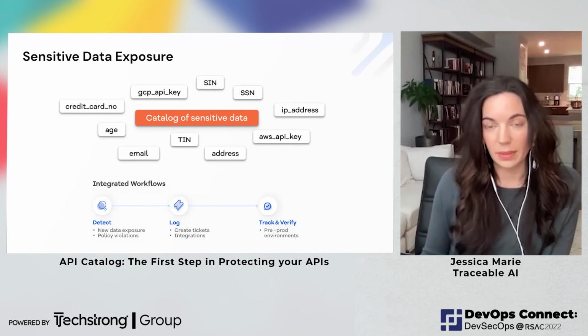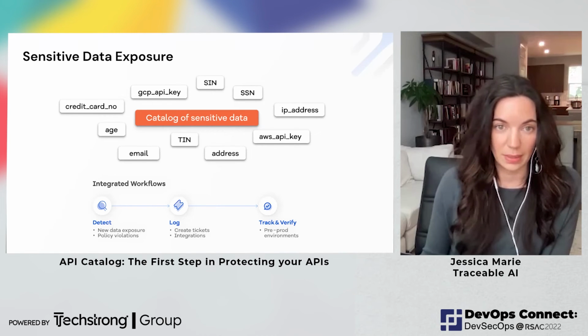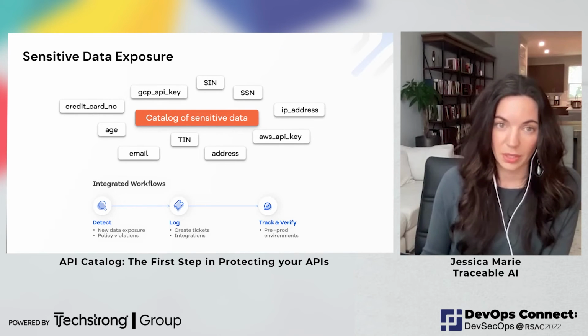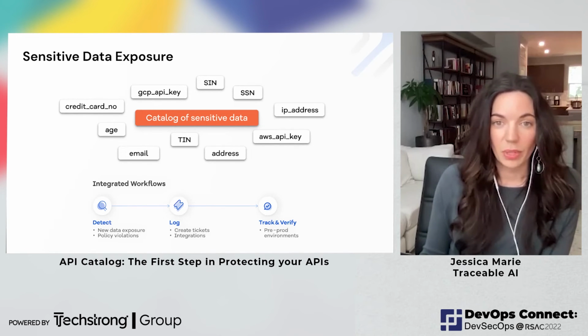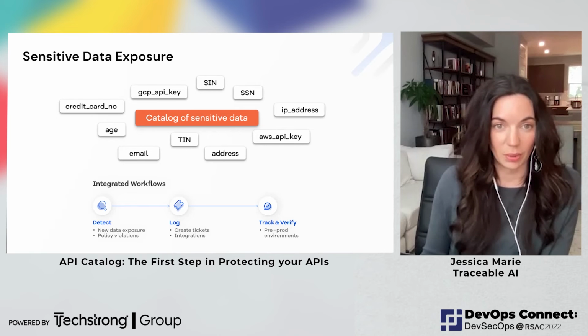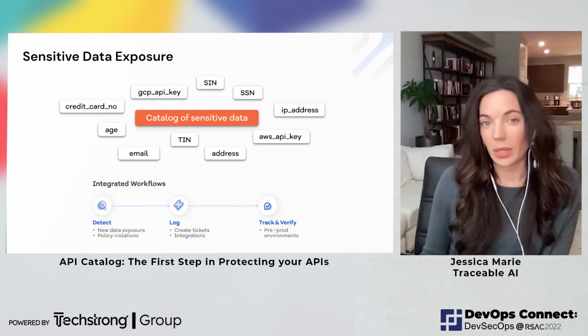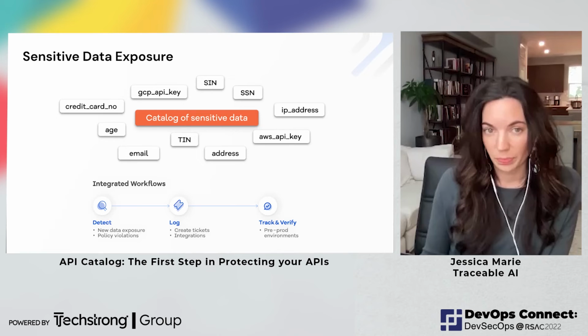The increase in the number of APIs, as well as the increase in API traffic, make this a huge problem that security and GRC teams need to solve like yesterday. So it's very important to know the data flow end to end to understand your overall security posture.